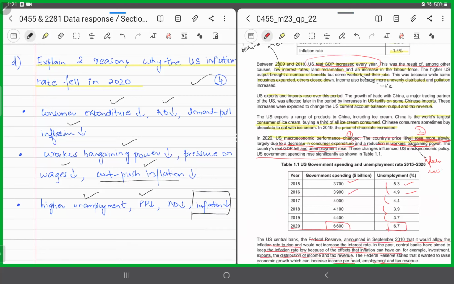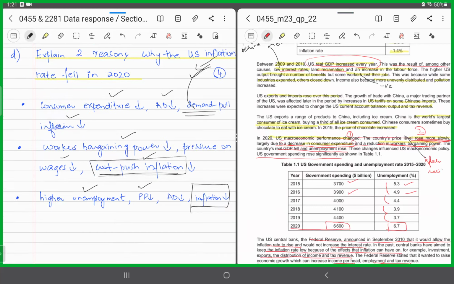So demand pull inflation will fall. So you will link this rate of inflation in 2 ways. You link it to demand pull inflation and you link it to cost push inflation. So one reason you will attribute to cost push inflation and the other you will link to demand pull inflation. This is how we are going to address this question. All right. Hope it's clear.